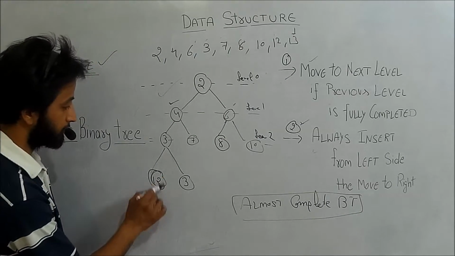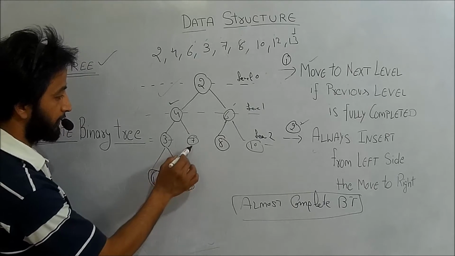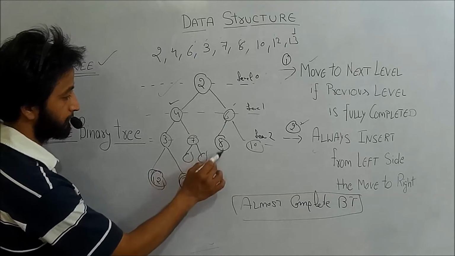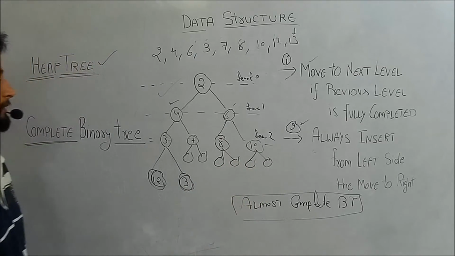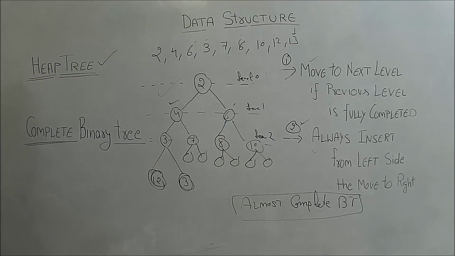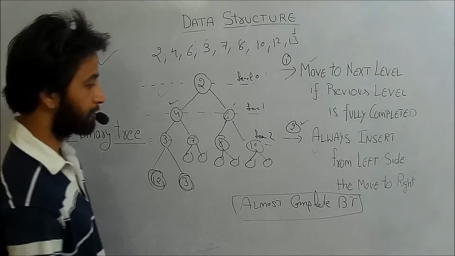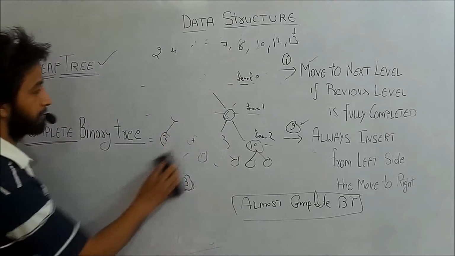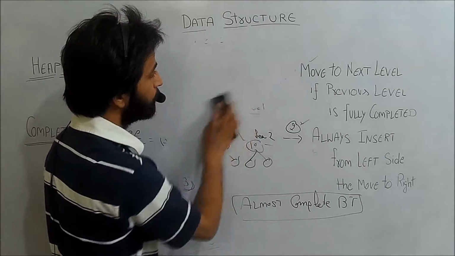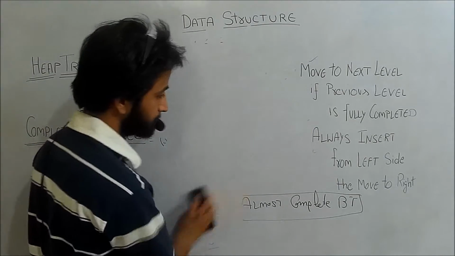So here the last level, which is this one, has two elements. Then we can say that the tree is an almost complete binary tree. So this is all about complete binary tree. Now we will move to our topic, heap tree.